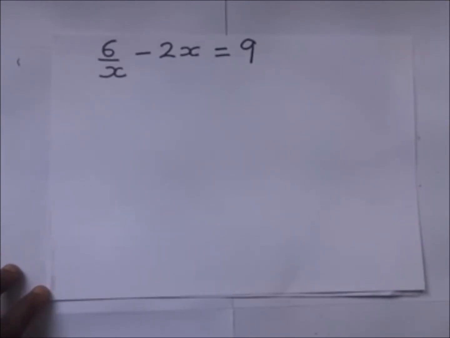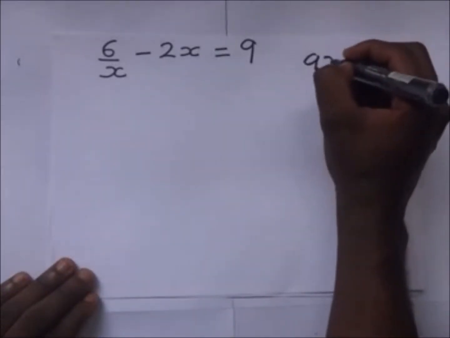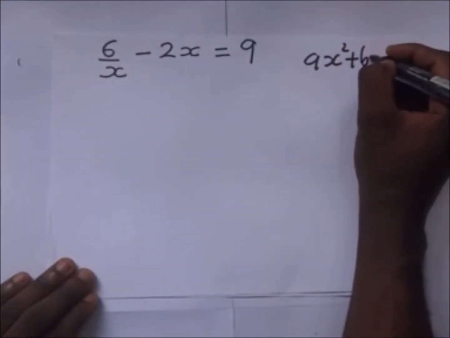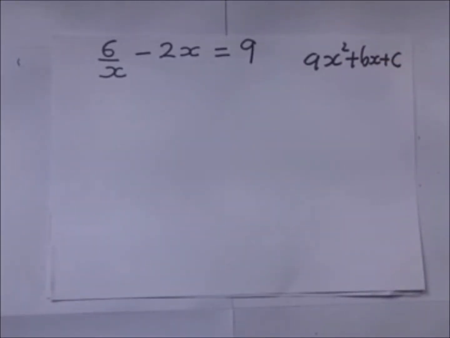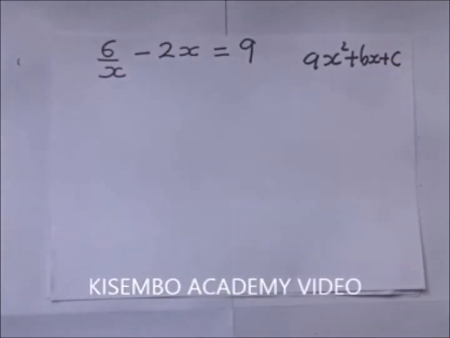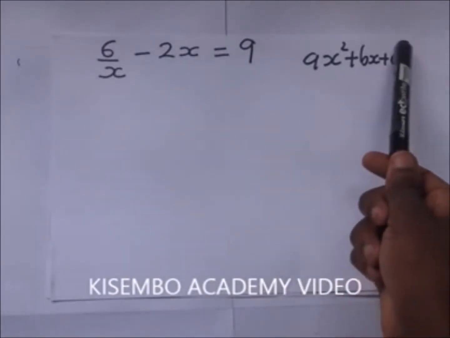Looking at the expression on our screen, it is not arranged in the way it's supposed to be. From our previous videos, we said that if you are to use the quadratic formula to solve a quadratic equation, it's supposed to be rearranged in this form: ax squared plus bx plus c. So for us to be able to solve this number, we're supposed to first rearrange it to look like this.